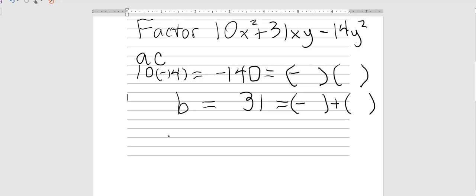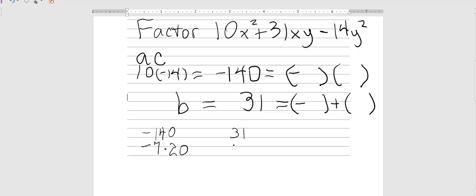So I want the two integers to multiply to give negative 140. I see 10 and negative 14 are two factors of negative 140, but those are not going to add to give 31. So I look for other factors of negative 140 that add to 31.